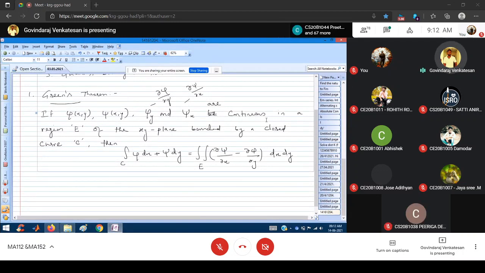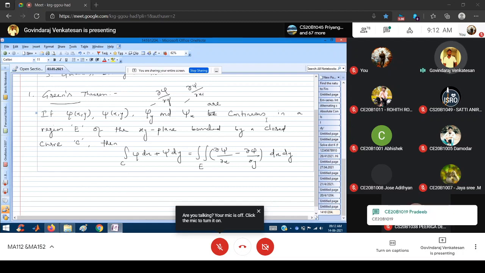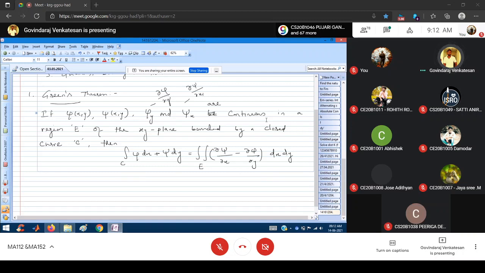There are the functions phi and psi, and its partial derivatives phi y and psi x are continuous in the region E in the first quadrant of the xy plane bounded by the closed curve C. Then the value of the curve integral over C of phi dx plus psi dy is nothing but the double integral over E of dou psi by dou x minus dou phi by dou y into dx into dy.